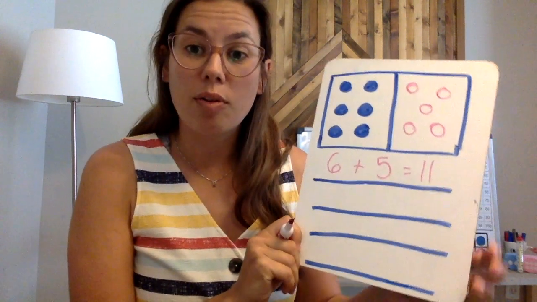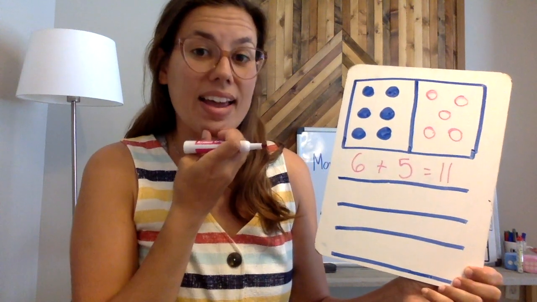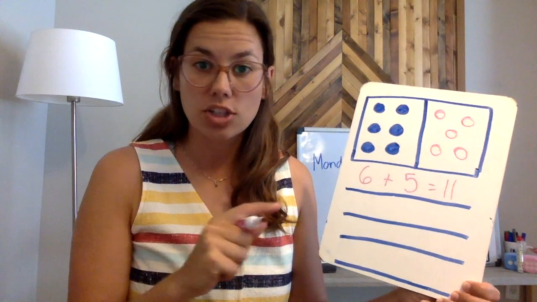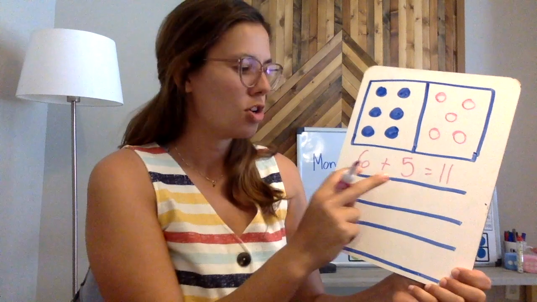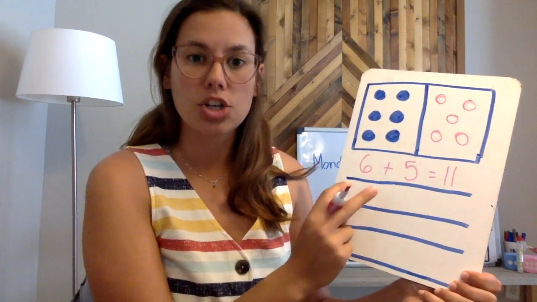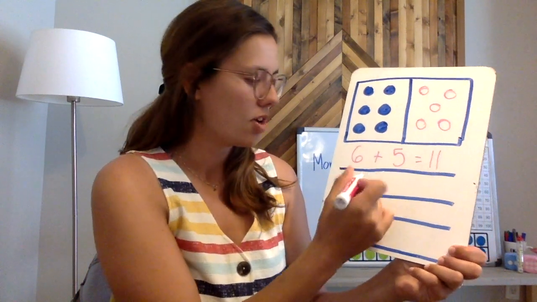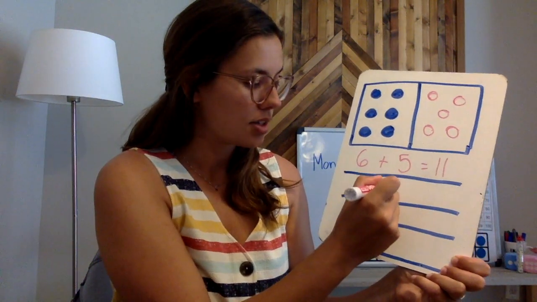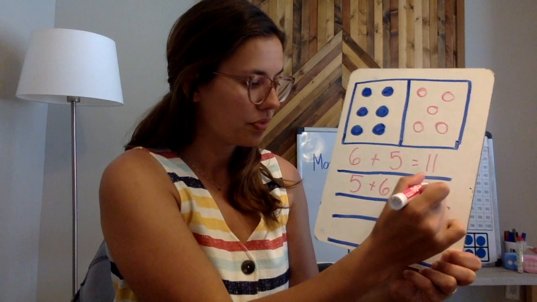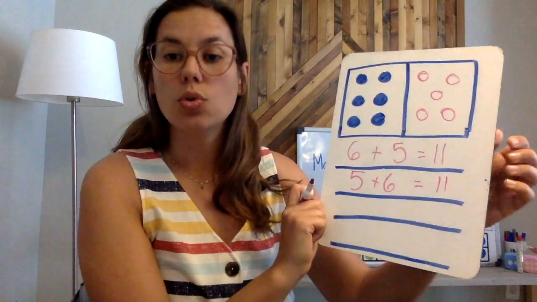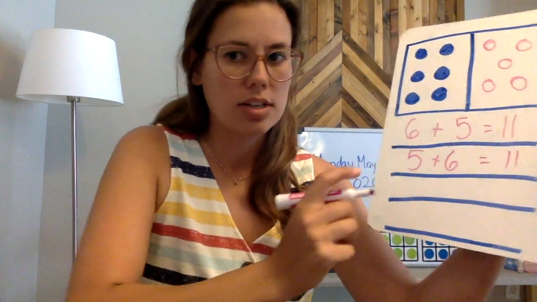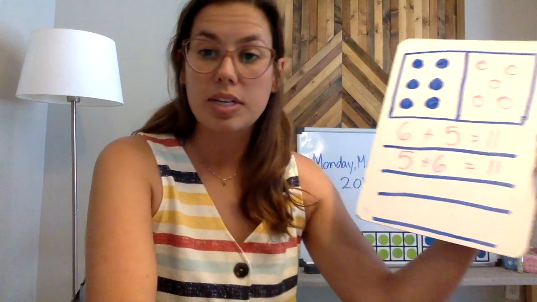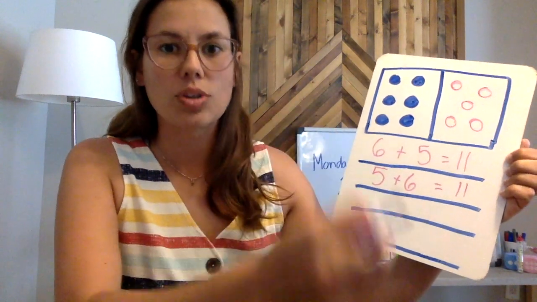Now, knowing what I know about fact families, I know that I can write 3 other equations just from knowing my first one. The first thing I'm going to do is write the other addition equation. So I'm going to swap the 6 and the 5. So I know that 5 plus 6 equals 11. And now I have my two subtraction equations to write. So now I'm going to start with the number 11 because in subtraction, we're starting with the bigger number and we're taking away some.